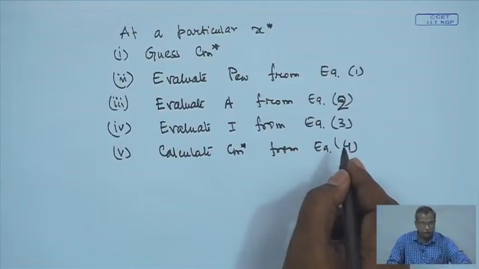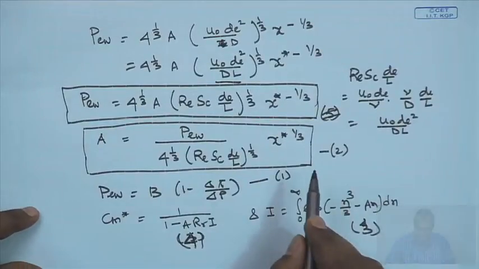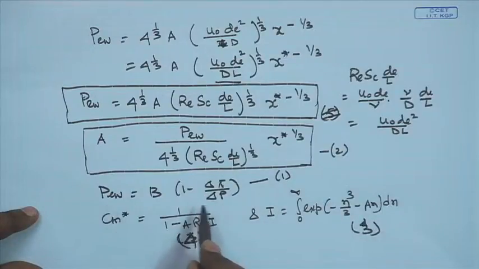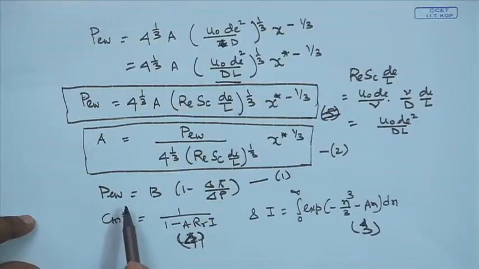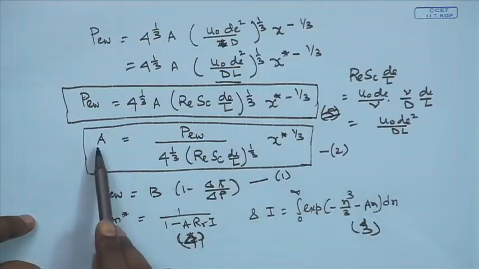So, let us go back to the equations. At a particular x location, we have guessed a value of Cm star. Once we guess the value of Cm star, we can evaluate Pw, because delta pi will be a function of Cm star only, all the other parameters are known to us. So, once Pw is evaluated, we can get back to equation 2 and evaluate the value of A.